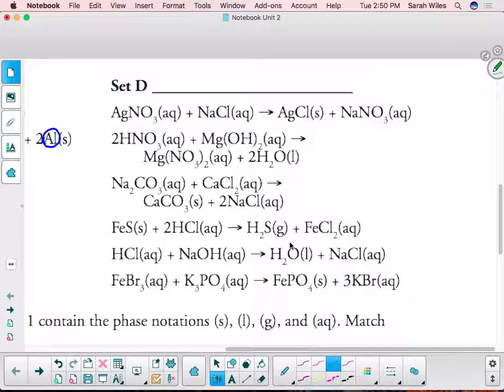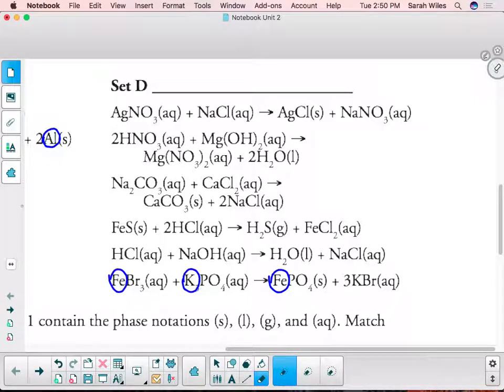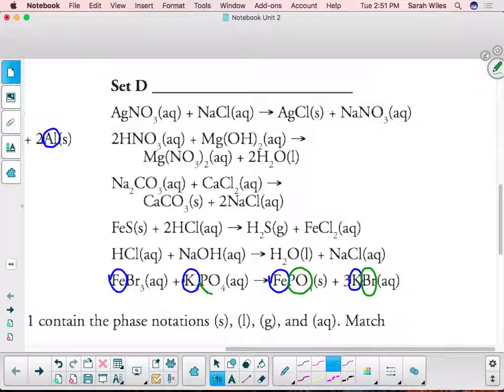So for this, I'm not going to do every example, but these are our cations. And these are our anions. And notice how they switched places.